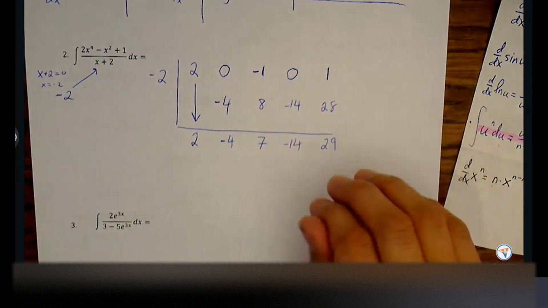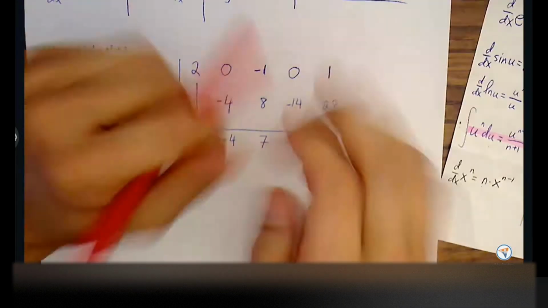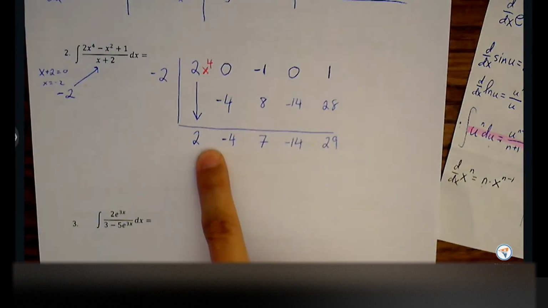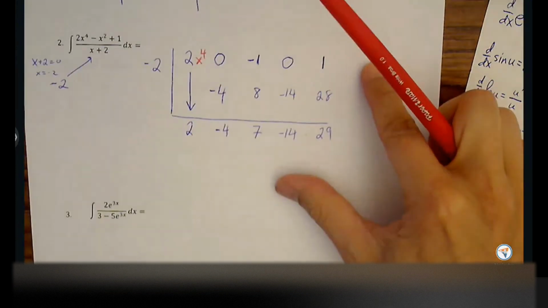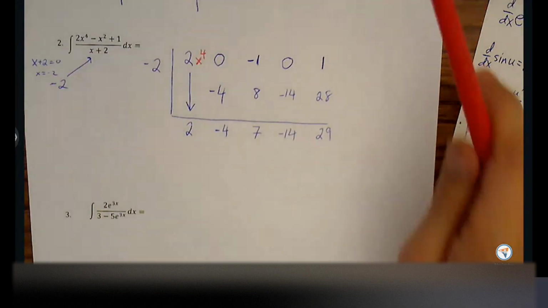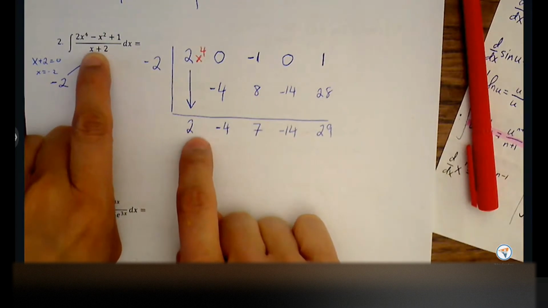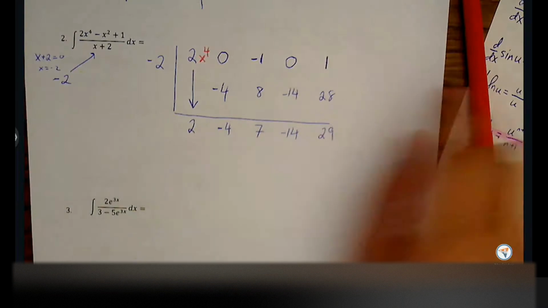Now we started with x to the 4th. Do you remember what we start with down here? Is it x to the 3rd? That's right. With synthetic, because we're dividing by x to the 1st power, all these degrees are going to fall by 1. So x cubed.